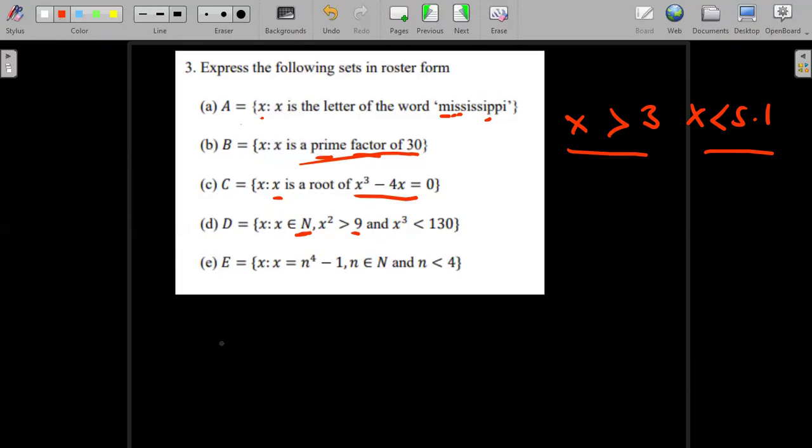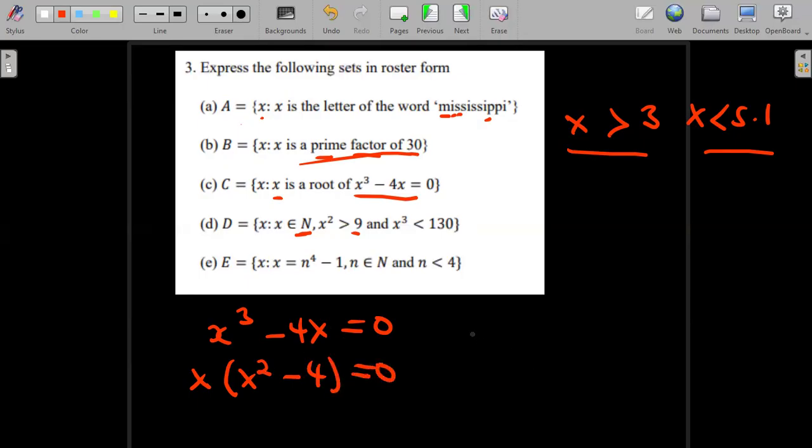With part C, you have x cubed minus 4x equal to 0. You have to solve for the values of x. First of all, we factor out an x. When I factor out x, I get x squared minus 4, because the x divides into this and I remain with 4.